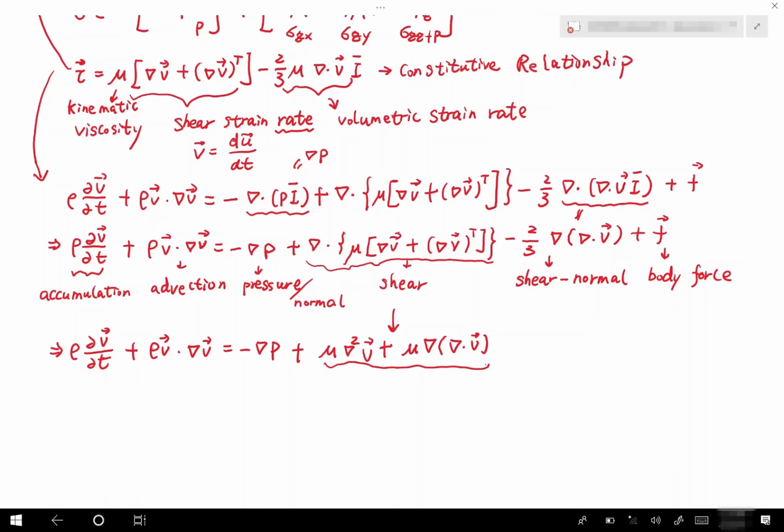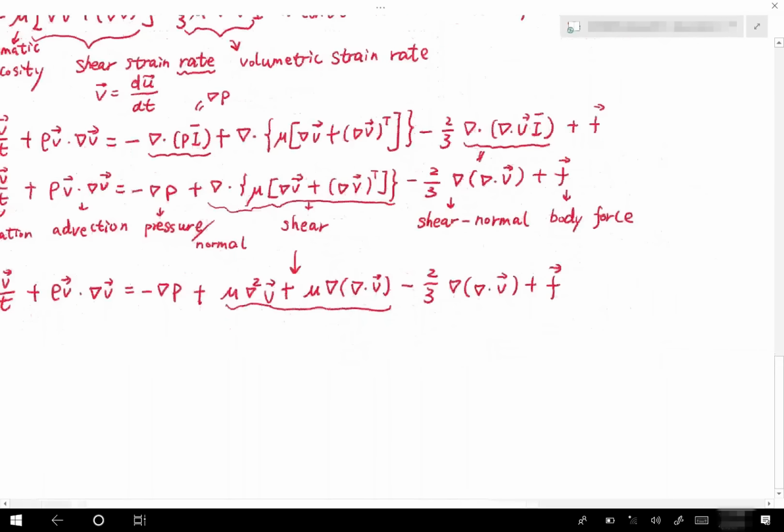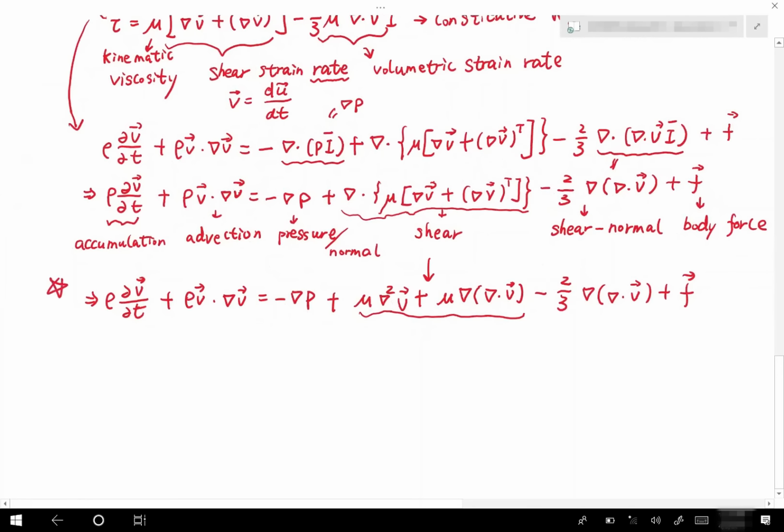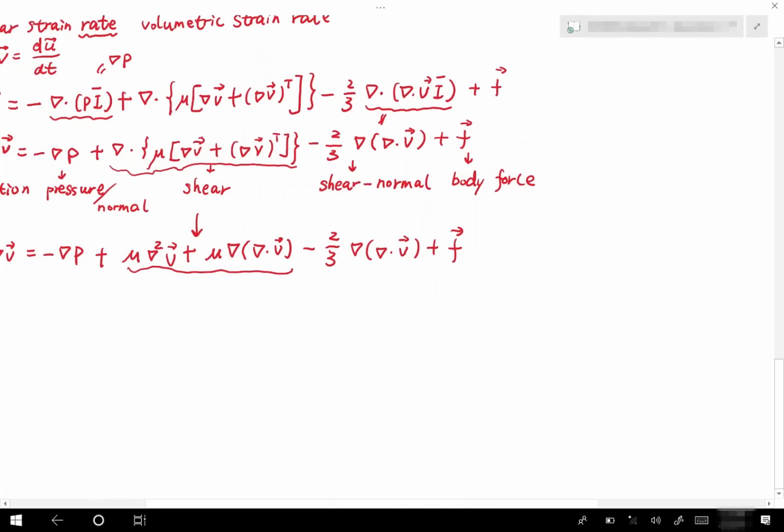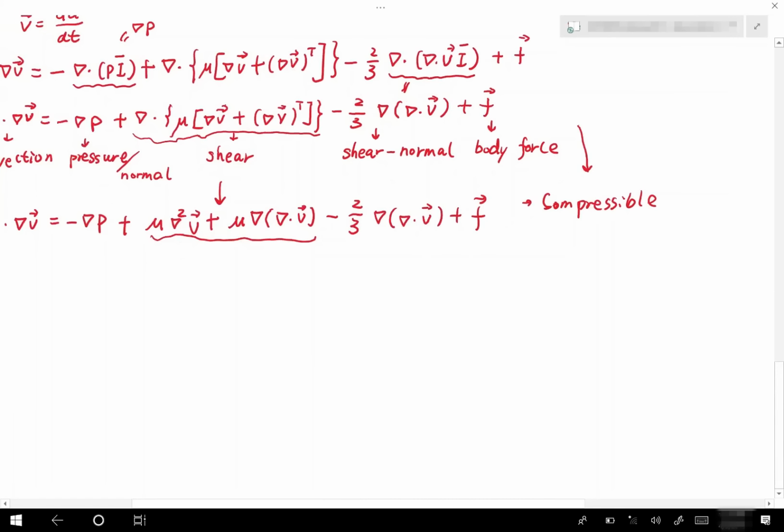And then the other things, we just copy. Okay, this is the general equation for incompressible fluid. For compressible. So actually this one is also the general equation, but they just show the equation using different formulations.